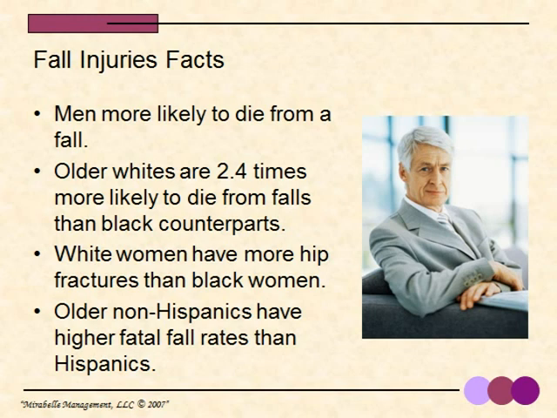Older whites are 2.4 times more likely to die from falls as their black counterparts. White women have significantly higher hip fracture rates than black women. Rates also differ by ethnicity. Older non-Hispanics have higher fatal fall rates than Hispanics.